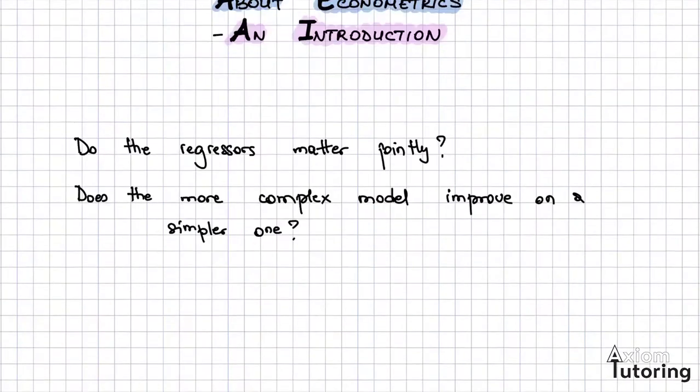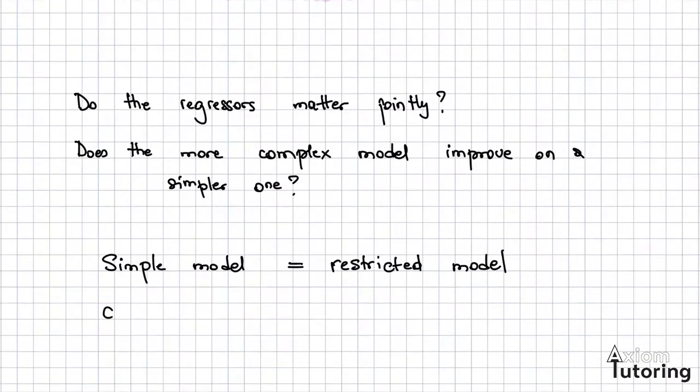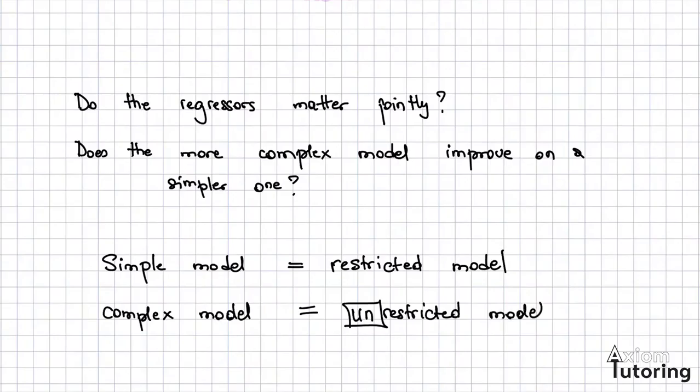What we will take away from this is that the simple model is what we're going to call the restricted model, and the more complex model, we're going to call the unrestricted model.